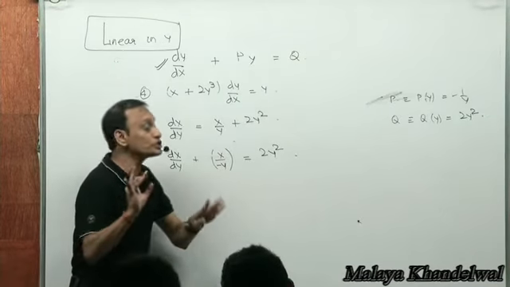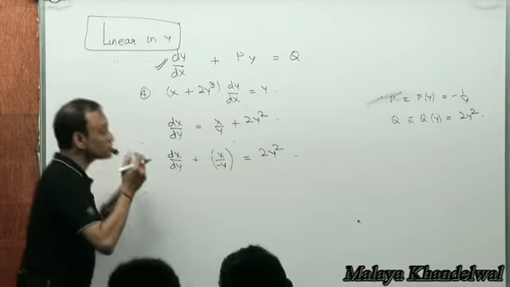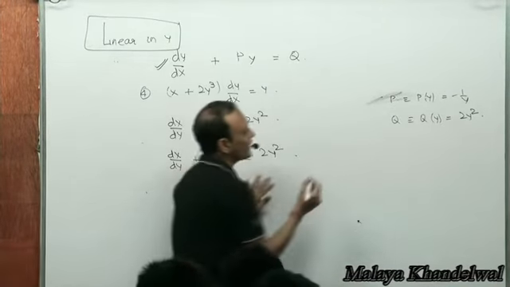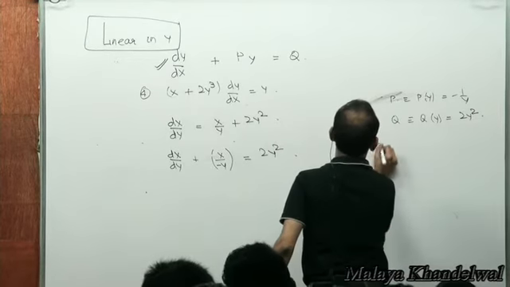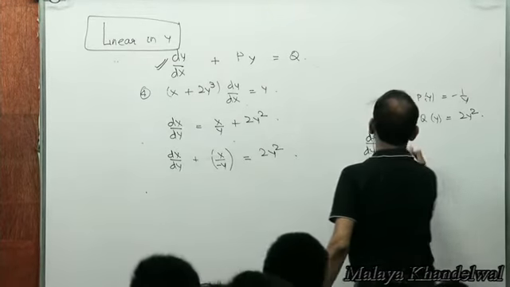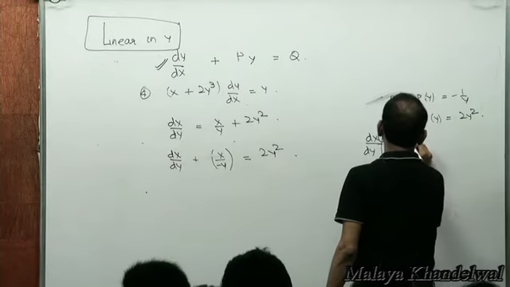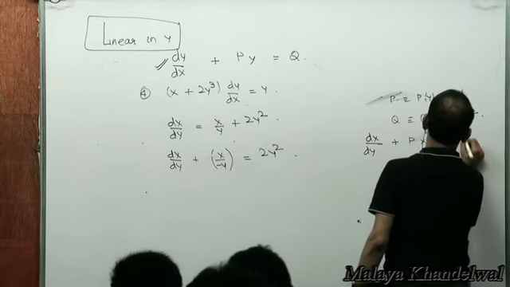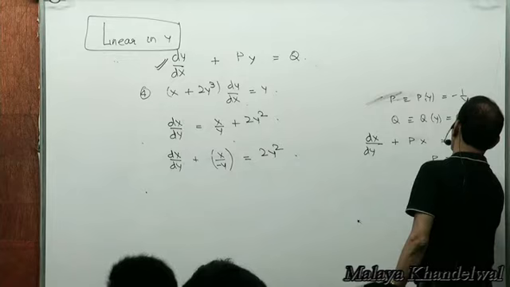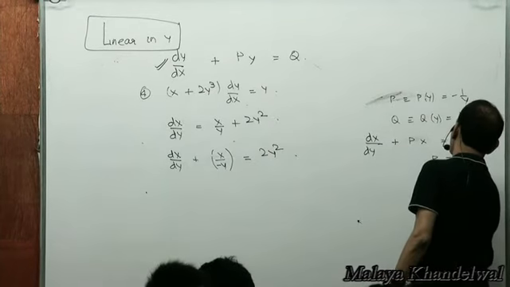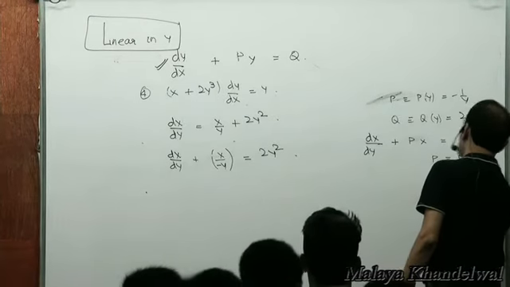So the solution to this differential equation is going to be, if I had a linear in x, dx/dy plus p x equal to q, where p is a function of y and q is a function of y, you don't have to reinvent the wheel.